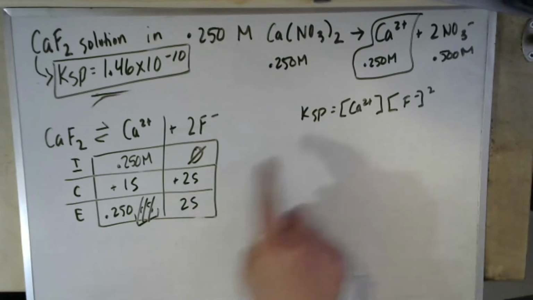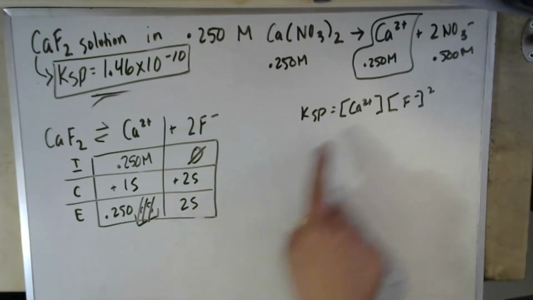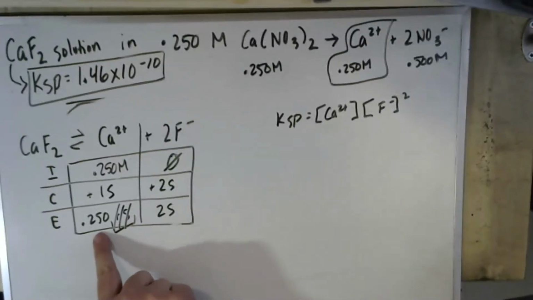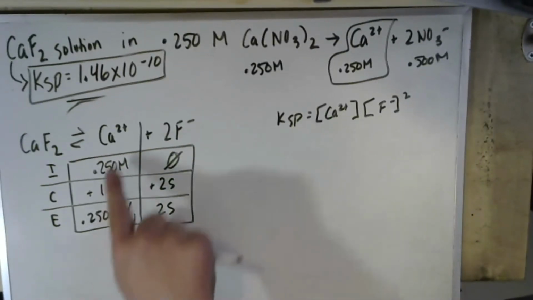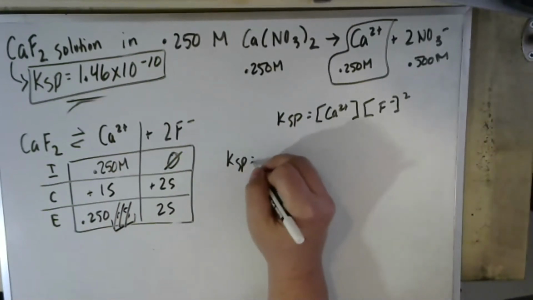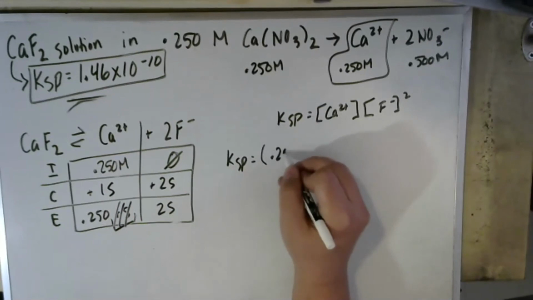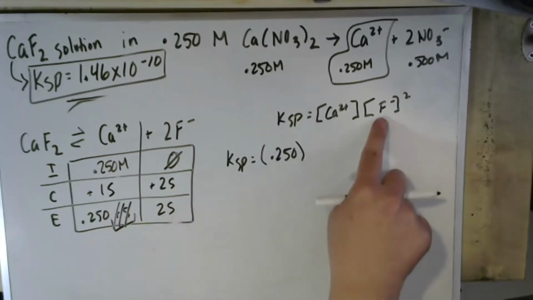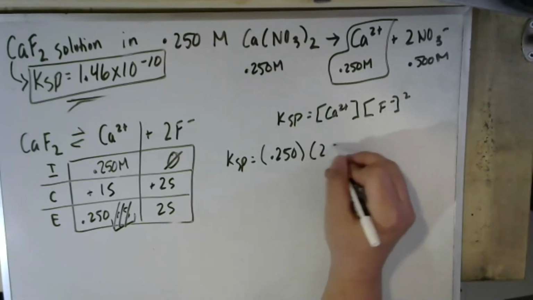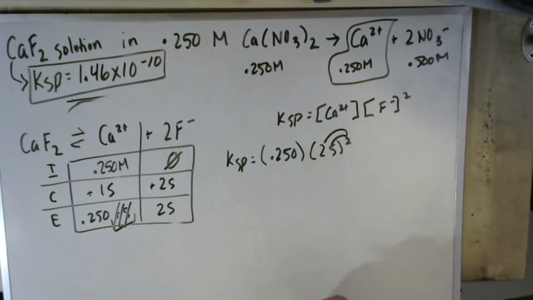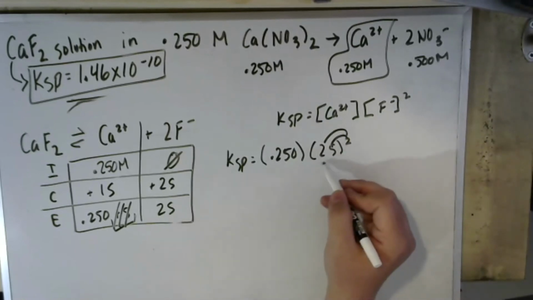And now we're going to plug these values into our KSP expression. We're going to take the 0.250 that's in the calcium column, put it in there, and we're going to take the 2s in the fluoride column and put it in there. Now we're going to distribute that little exponent, so this is going to be 4s squared.